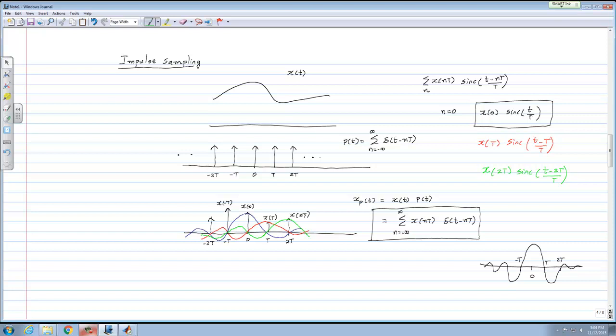The sinc crosses zeros exactly where you sampled your signal, each one of these sinc functions. So basically what it says is wherever you have sampled it, I'm not going to mess up those values. Those are all exact. But in between those two values, you are going to interpolate with this sinc function. And the theory tells you this is the correct thing to do as long as you know that x is band limited.